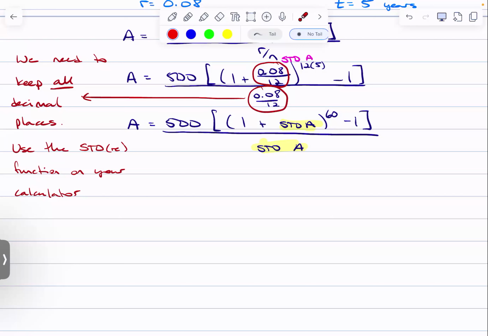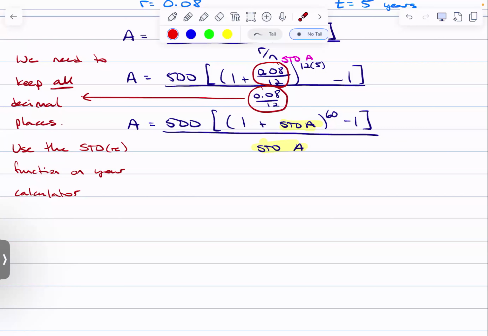The numerator needs a little bit of work. What do we need to do next? We need to take 1 plus whatever is stored in A. Then I need to raise it to the power of 60. Then I need to subtract 1, and then I need to multiply by 500.